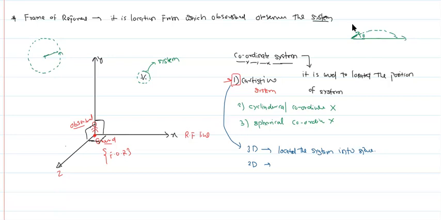So we require only two lines, x and y. When the motion happens in a plane, we require only two lines, x and y. That is called two dimensions.